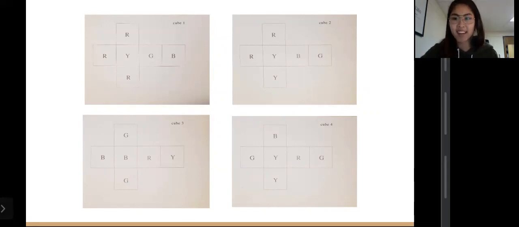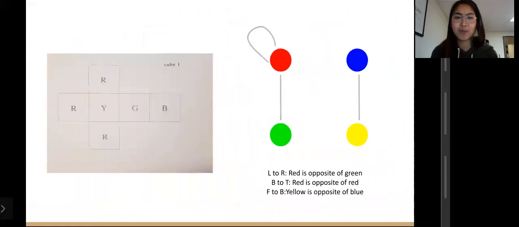So with that said, looking at cube 1, I have made the graph to visualize how to start solving this problem. For a reference point, I used yellow as the front for this graph. If we look down here, from left to right, we have red on our left and green on our right.